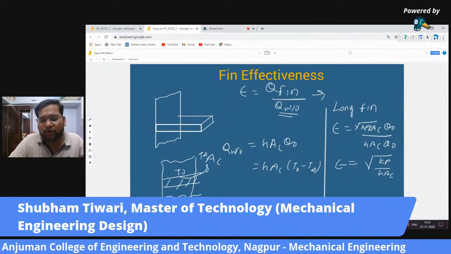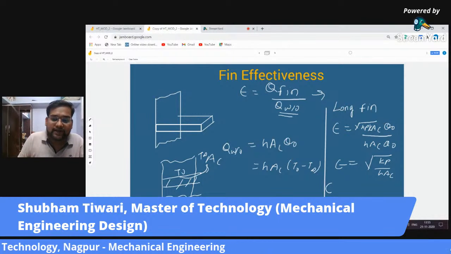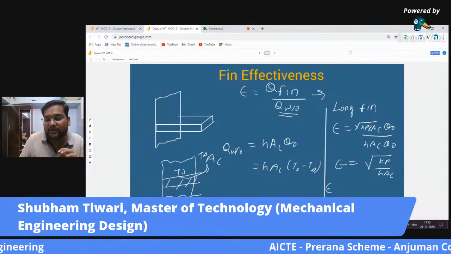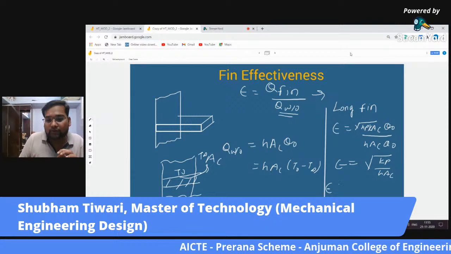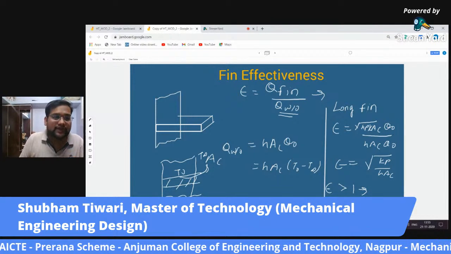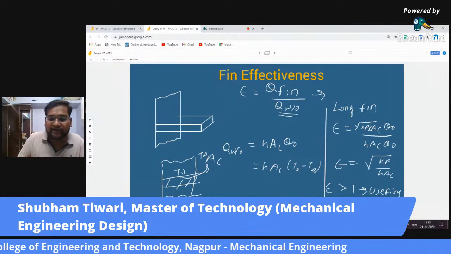Now what is the importance of effectiveness? To understand it, just look at these expressions that I am writing here. If epsilon, or effectiveness, is greater than 1, then the fins are effective and we use them.